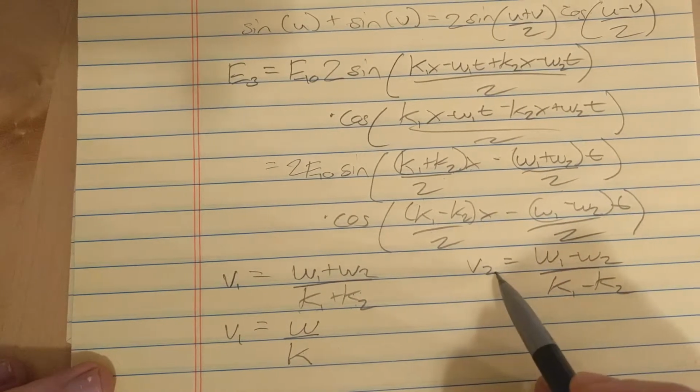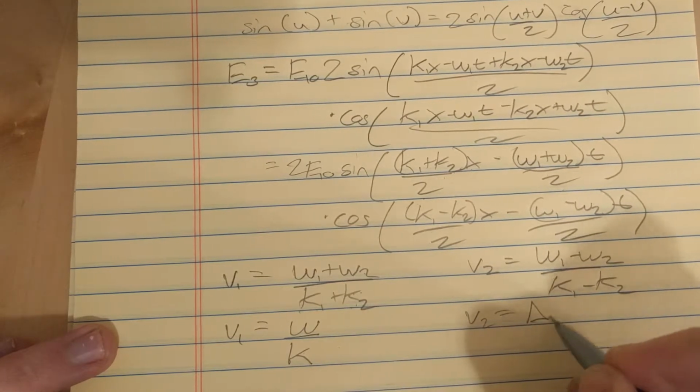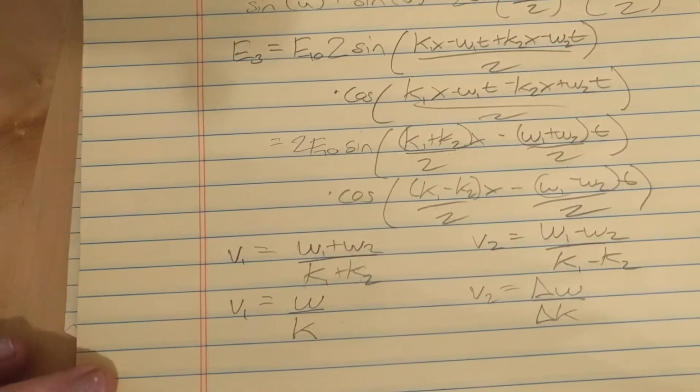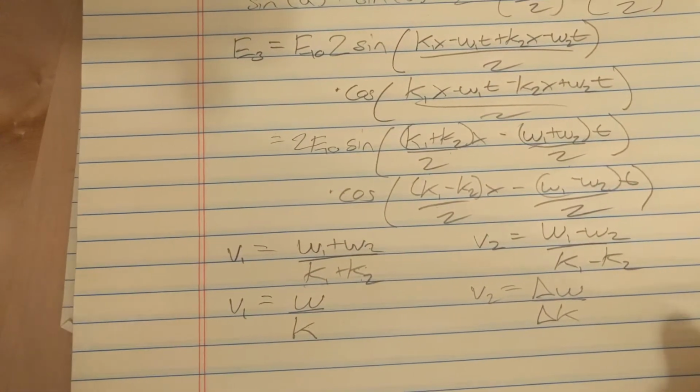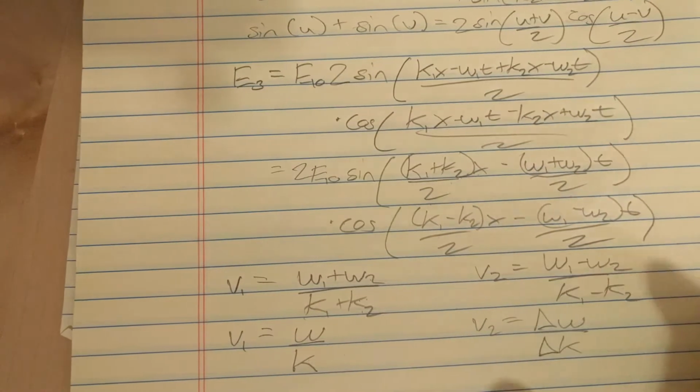And then v2, we're just going to write as delta omega, the difference in the frequencies, divided by the difference in the k's. So, essentially, we got two velocities out of that.